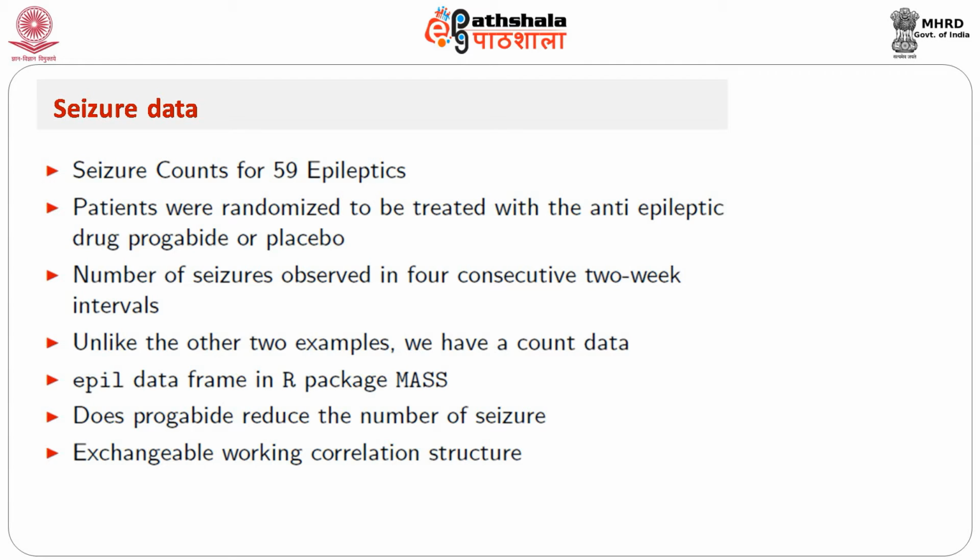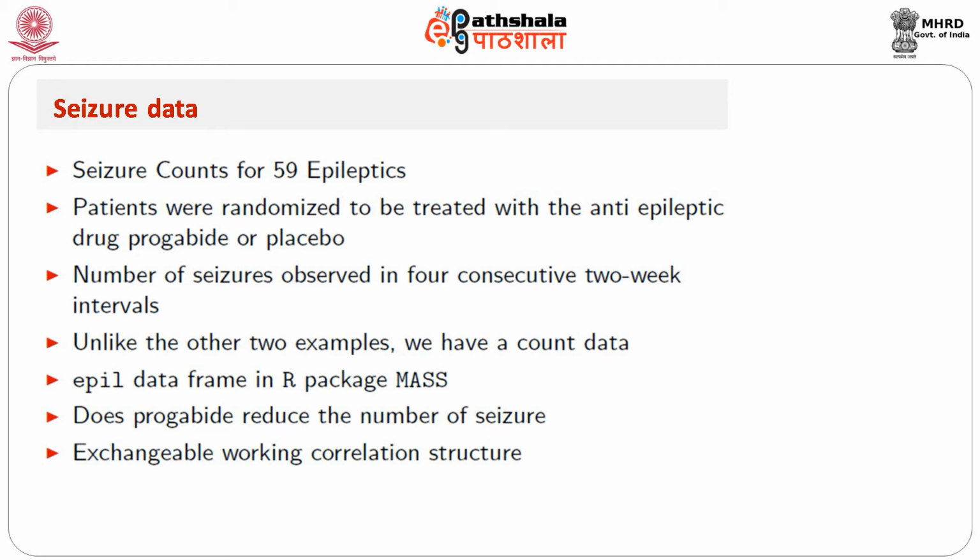So, we would start with the CSR data. Just for a recap, the CSR counts for 59 epileptic patients were recorded. The patients were randomized to be treated with anti-epileptic drug Prograbide or placebo. That means we have two groups of patient and the composition is randomized, and one group gets Prograbide and one group gets placebo.